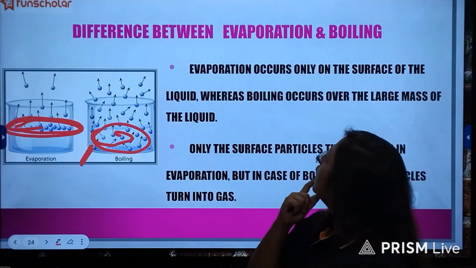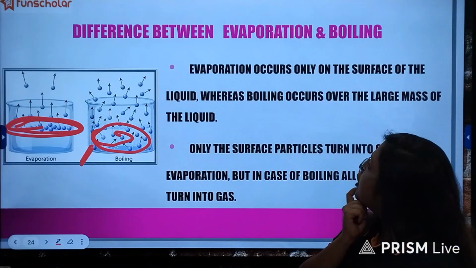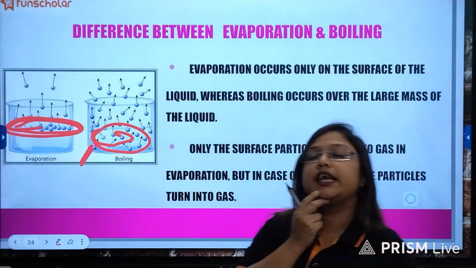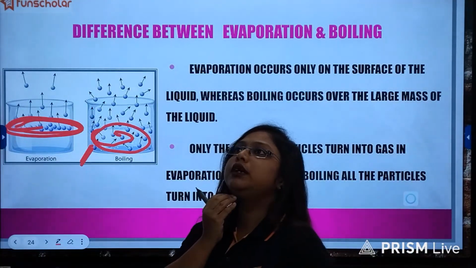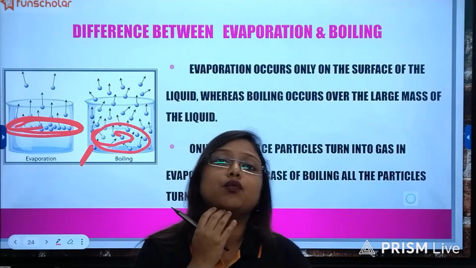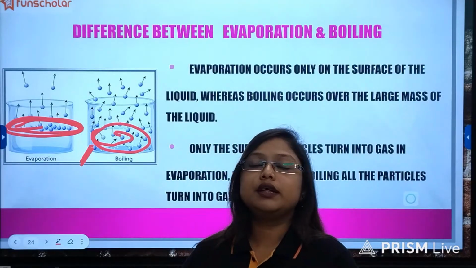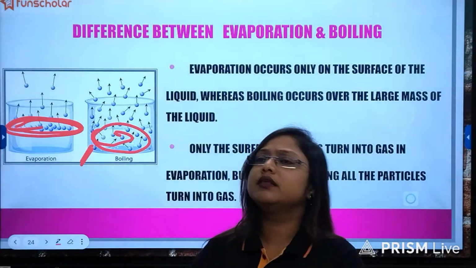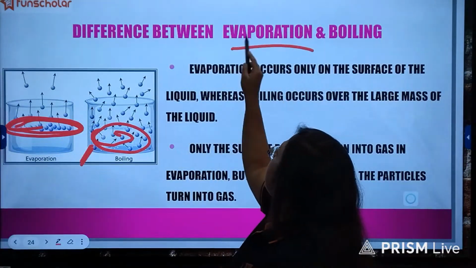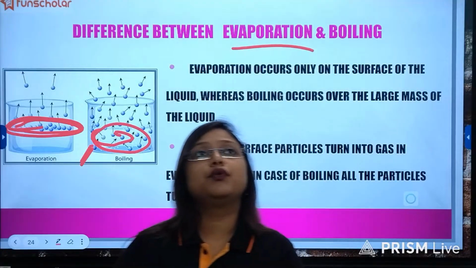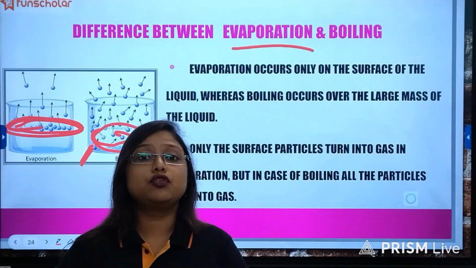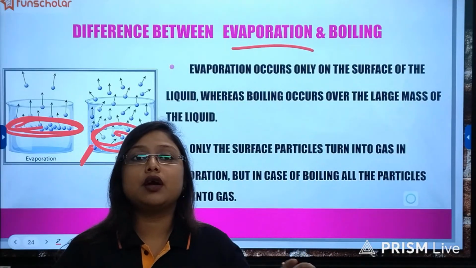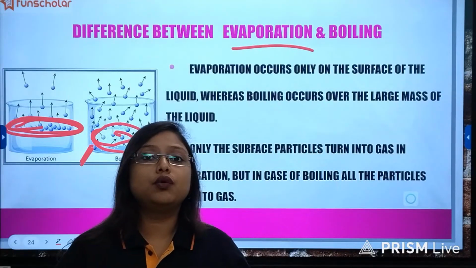Just for your knowledge, when salt is made in India, in factories or elsewhere, the evaporation technique is used by the company or the people working there.